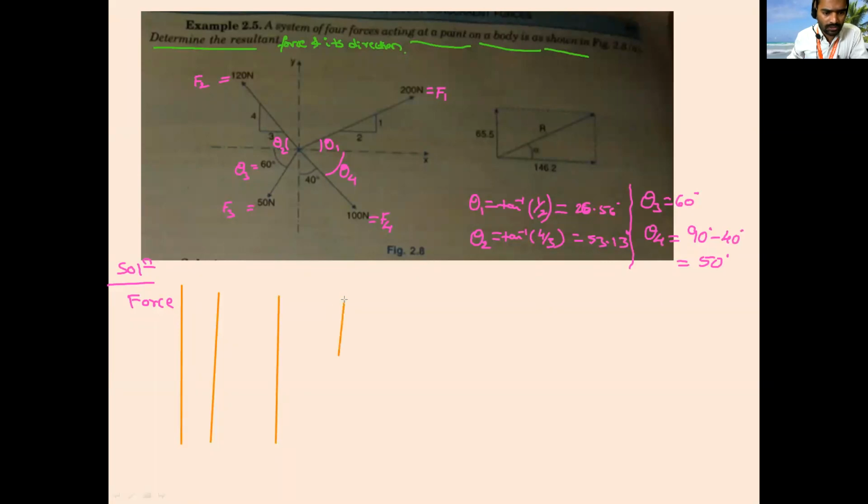Then the y component. So first I write the force, second the theta value, then the x component and the y component.